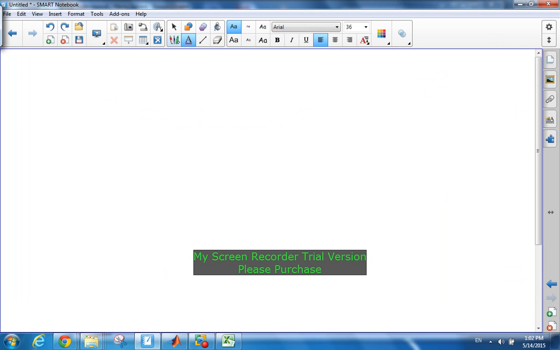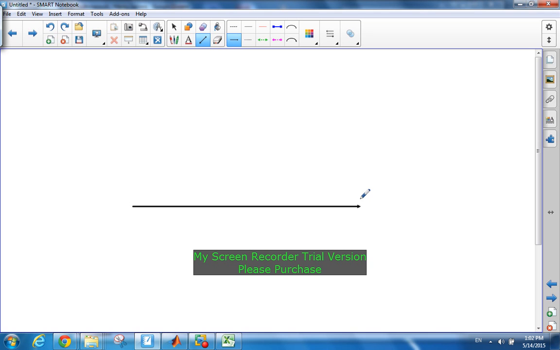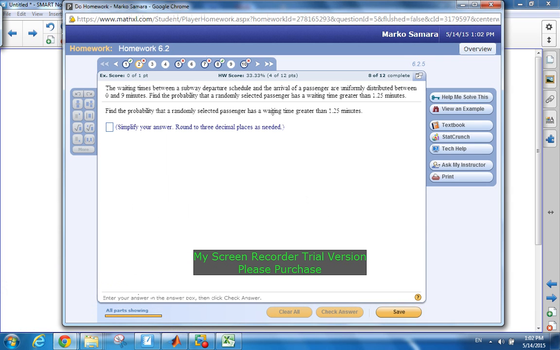So let me sketch the graph. 0, 9, and the question is, what's the probability that the waiting time of a randomly selected passenger is greater than 1.25?